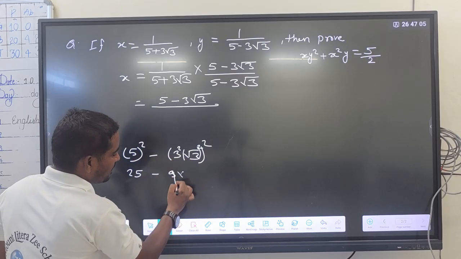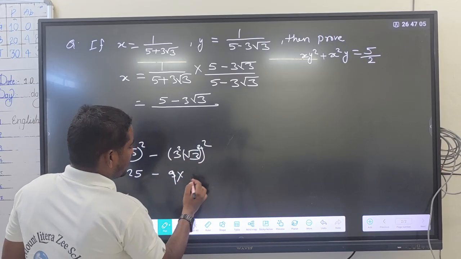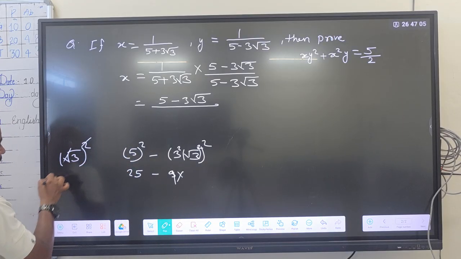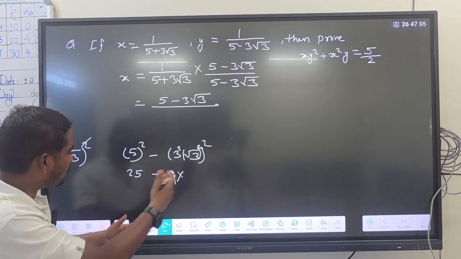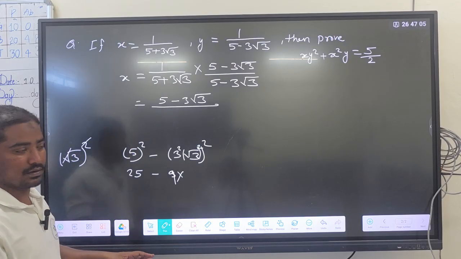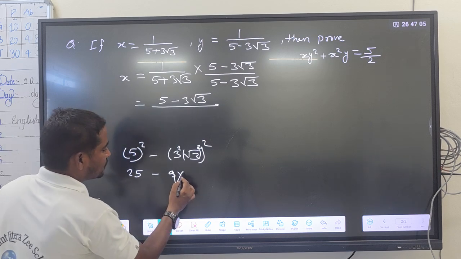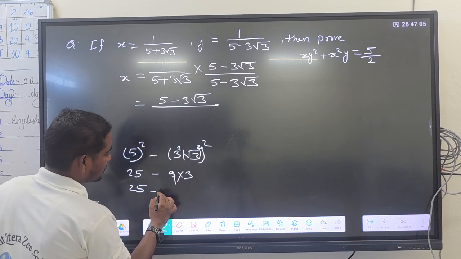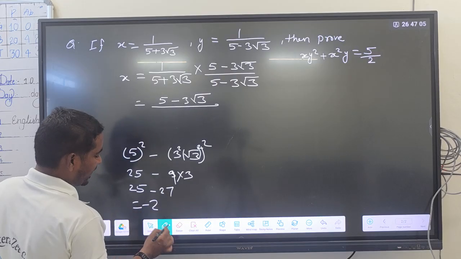In between them there is a multiplication sign, and if you find the value of root 3 square, the square and square root will cancel as both operations are inverse to each other. So here it is multiplied by 3. Now we get 25 minus 27, that is equal to minus 2.